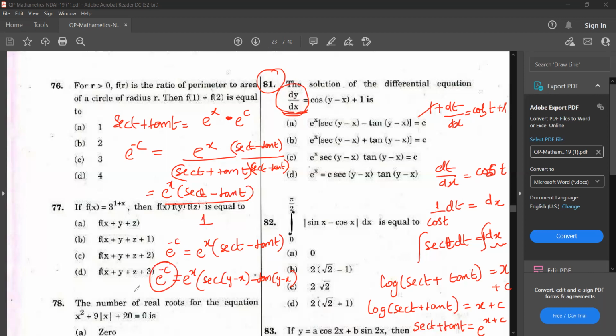Now this e raised to minus c is a constant, which I am writing as capital C. So what I got is e raised to x into (sec(y minus x) minus tan(y minus x)) is equal to a constant. So what is the answer? Answer is option A.